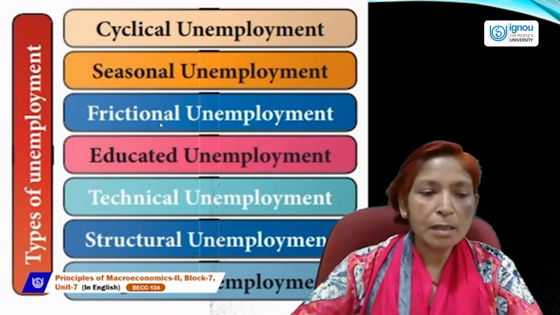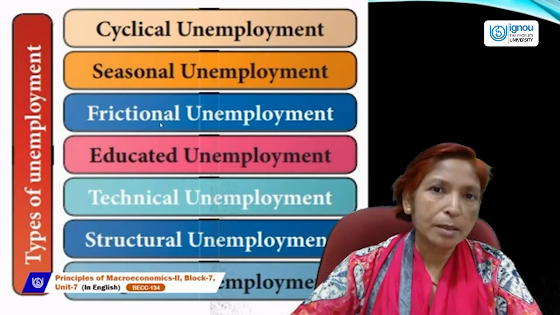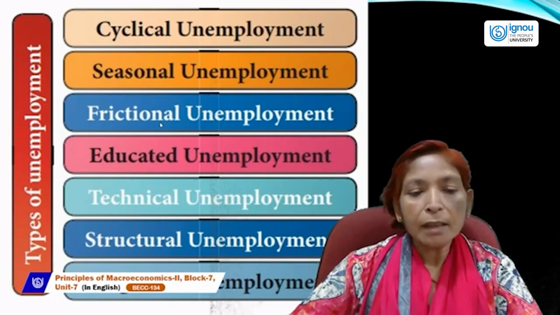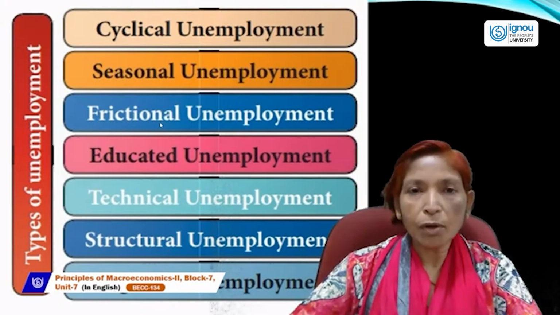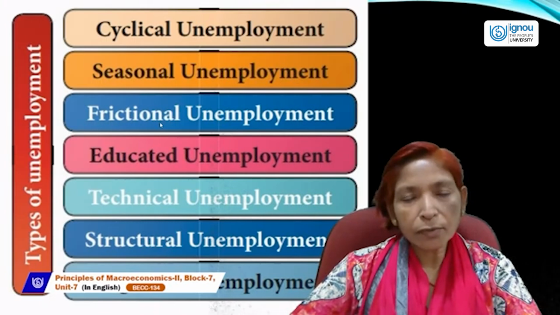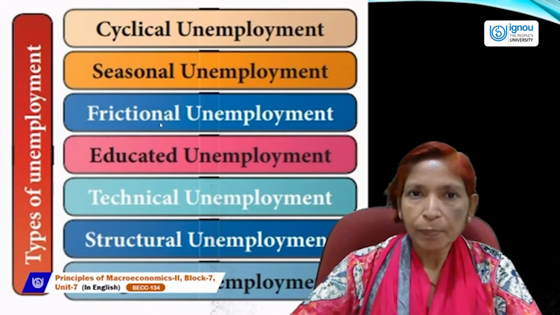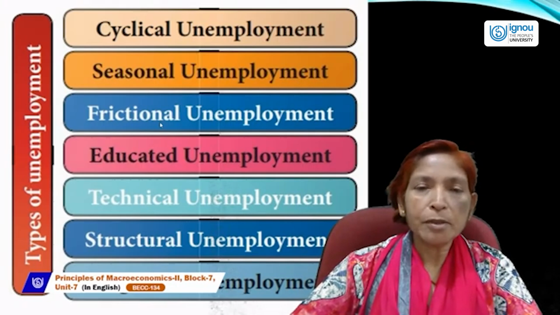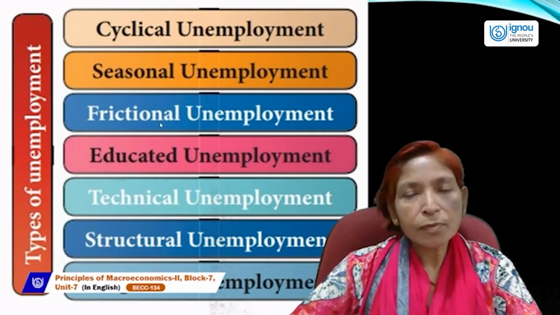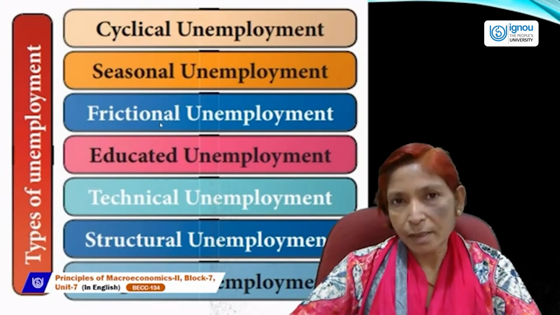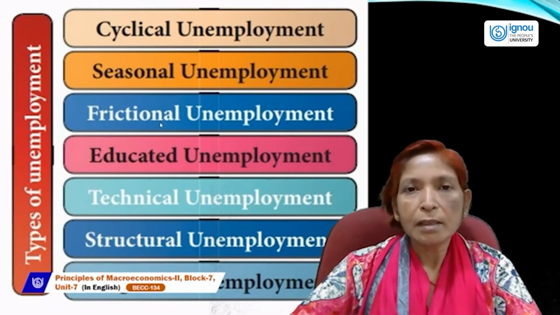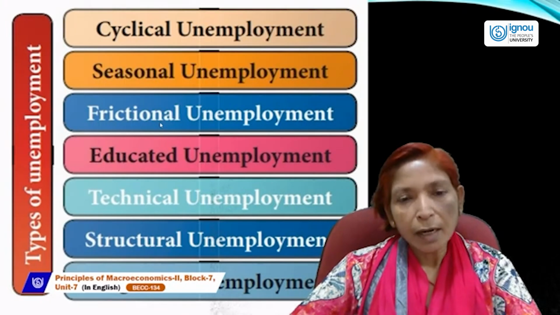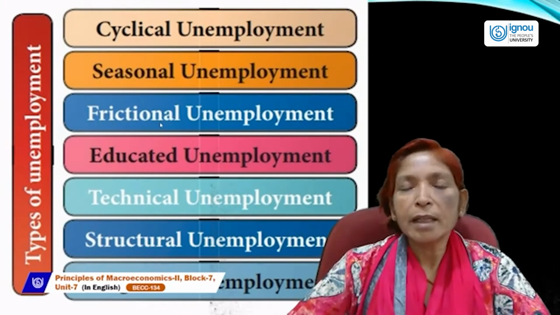The next unemployment is technical unemployment. Technical unemployment exists due to excessive use of capital intensive technology in the production of goods and services. We know that there are two types of technologies which we can use for the production of goods and services: number one is labor intensive technology, and number two is capital intensive technology.